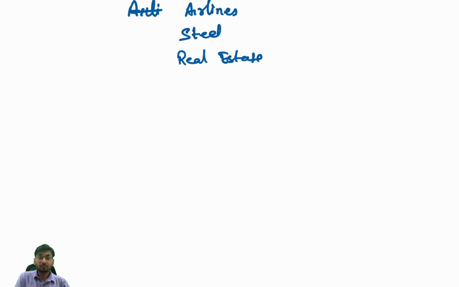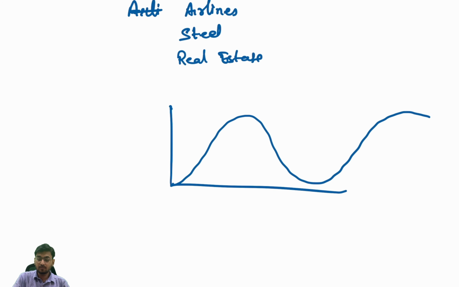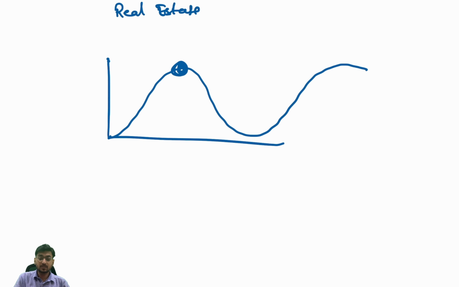Clear? Now, if you forecast during the peak period, your numbers will be too optimistic. Now if you are forecasting during the downturn, your numbers will be too pessimistic.